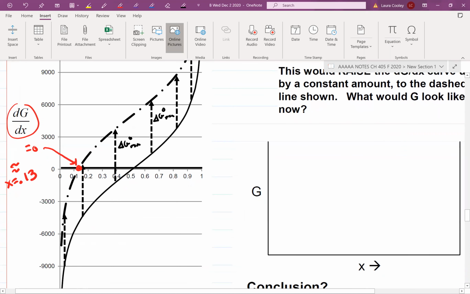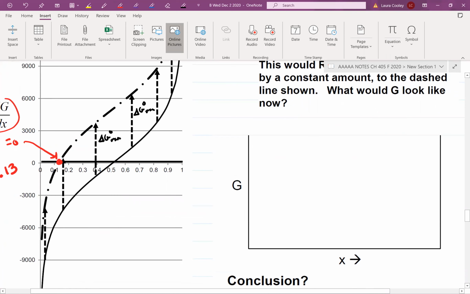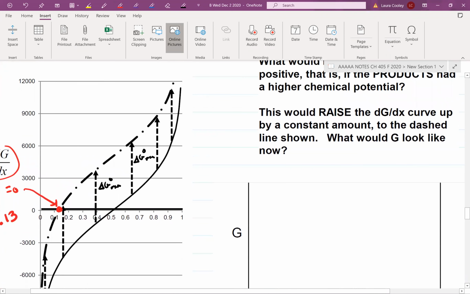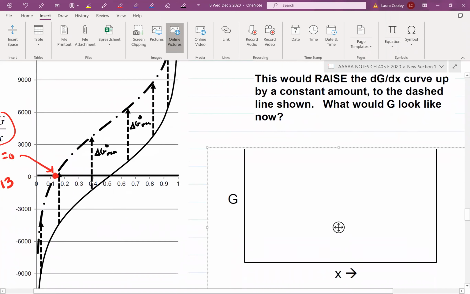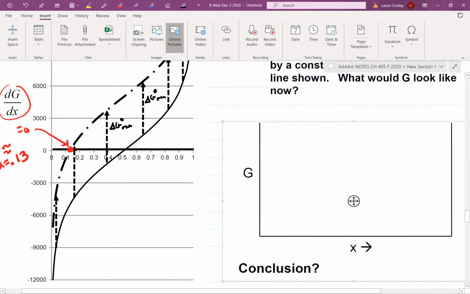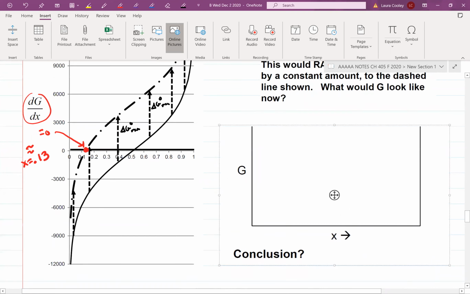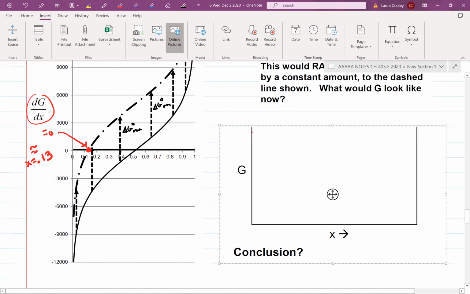So how can we understand this? How can we draw our G versus X curve? So this is if delta G0 is positive. Okay. So first of all, the first thing we have to realize is that now I'm not going to draw these at the same height anymore, because that's not true anymore.